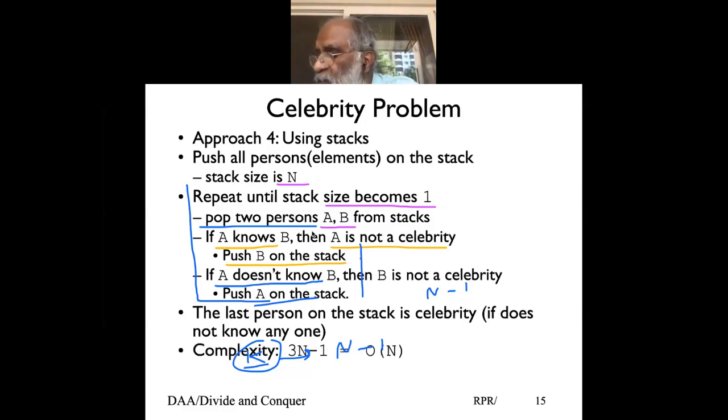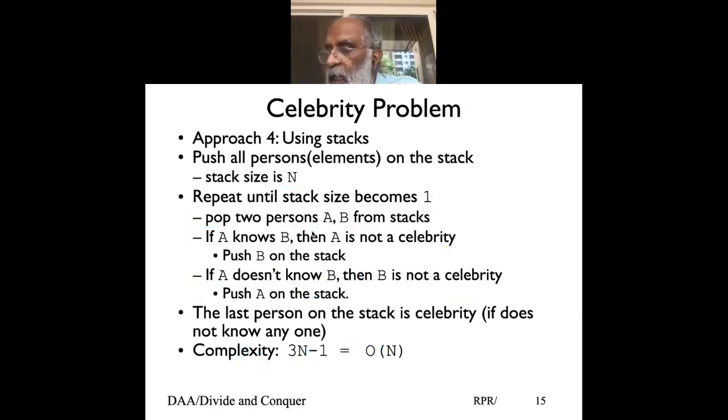So what is my time complexity here? I'm removing 2 persons, so I'm doing 2 work, and I'm pushing 1 person back, so I'm doing 1 work, so that means 2 plus 1. Each time I'm doing 3 times work, and since I have n elements, I'm doing 3n work, and that is where the 3n comes in.